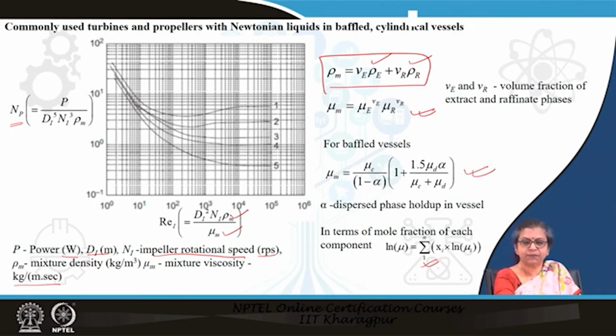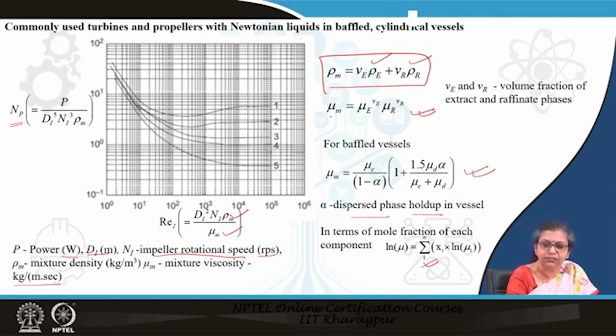The first one expresses mixture viscosity in terms of volume fraction of extract and raffinate. The other one expresses it in terms of the hold up of the dispersed phase in the vessel, and the third one expresses the mixture viscosity in terms of mole fraction of each component. Depending upon the data which is available, we can select any one of them.